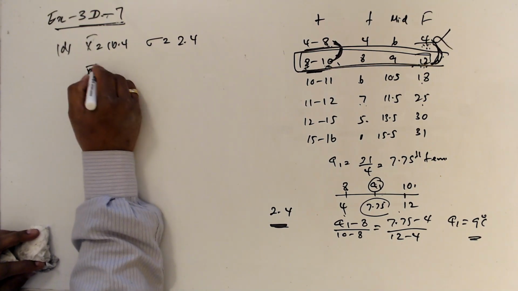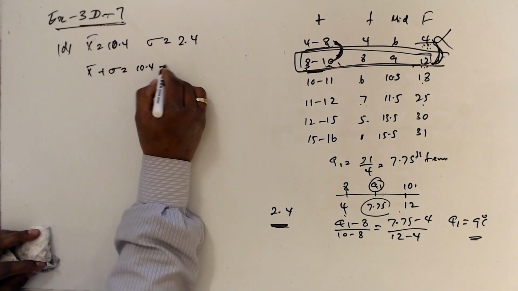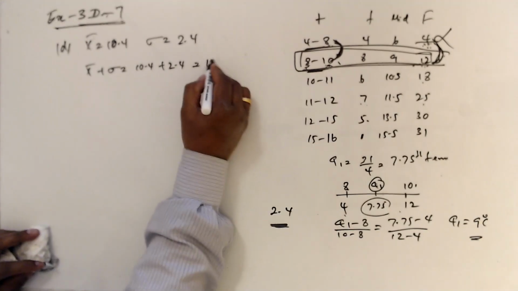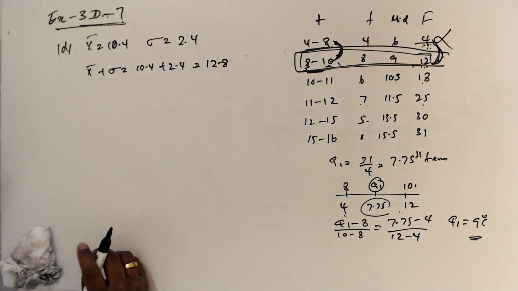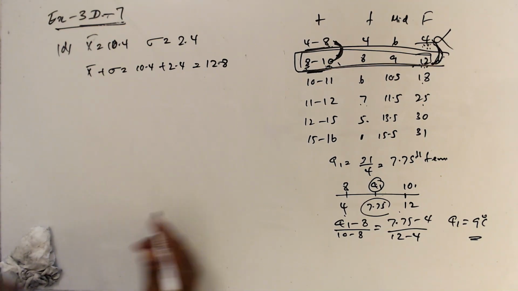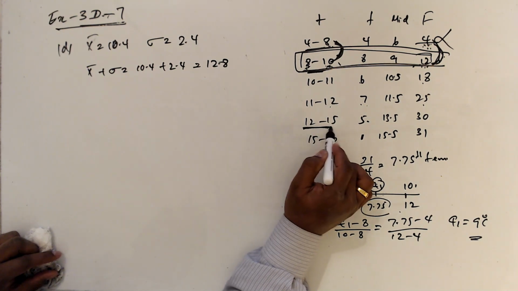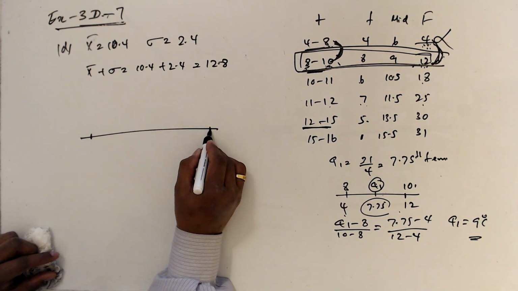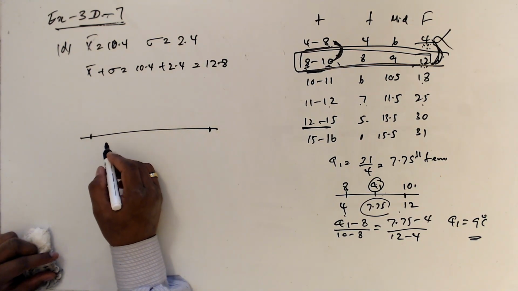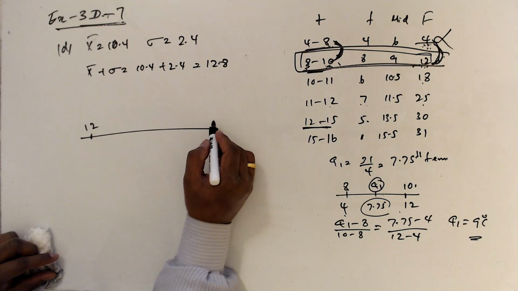Part D: x bar is 10.4, so x bar plus sigma equals 10.4 plus 2.4, so this is going to be 12.8. Now we need the 12.8 term. It lies in between 12 and 15.